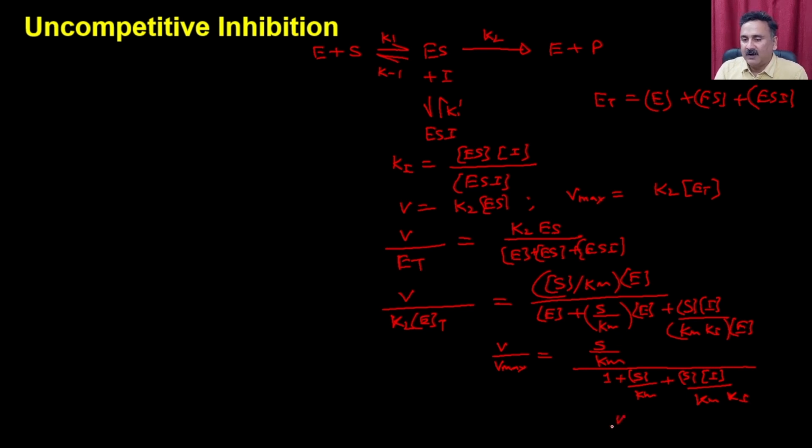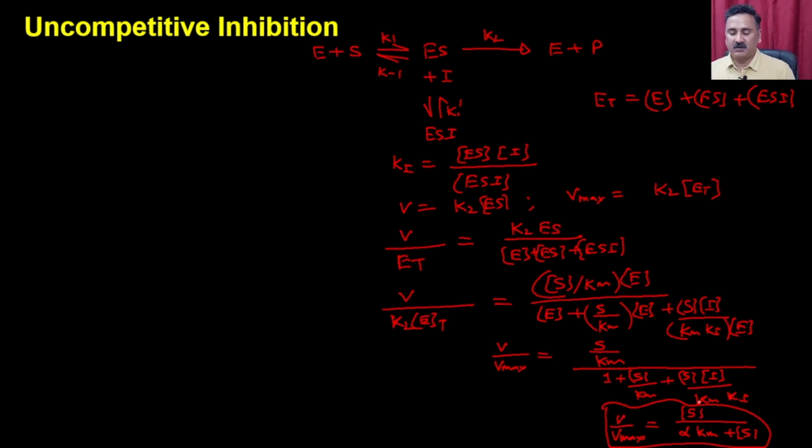So ultimately V by V max is going to be S divided by alpha Km plus S. If you simplify all this, S by Km, S by Km, you can easily take the S by Km out from here, and then everything cancels out. So this is the final equation you are going to get, and this is the equation you can use to understand all the parameters.